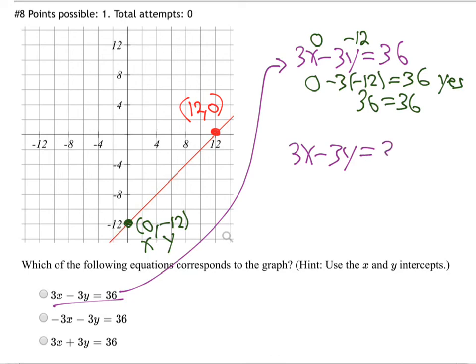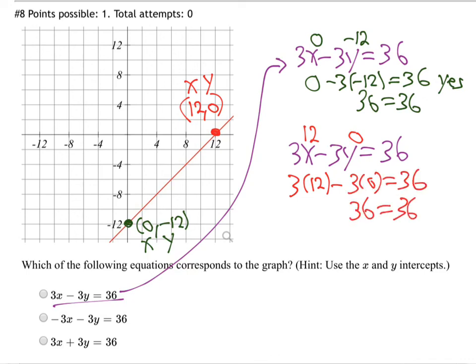The real equation's got to make both those points true. Plug in 12 for x and 0 for y and see if it's true. 3 times 12 minus 3 times 0, is it 36? Yes. That's the answer. It made them both true.